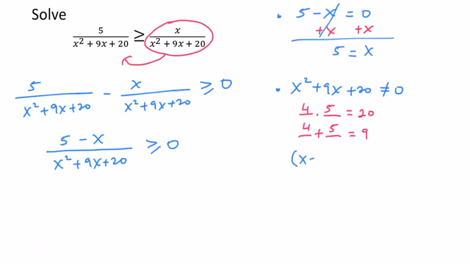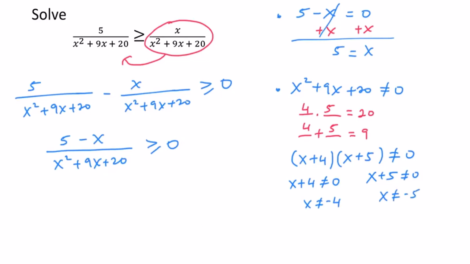So we have x plus 4 times x plus 5 cannot equal to 0. Set each group not equal to 0 and solve. So x plus 4 cannot equal to 0, minus the 4 over, so x cannot equal to negative 4. And then we have x plus 5 cannot equal to 0, minus the 5 over, so x cannot equal to negative 5.